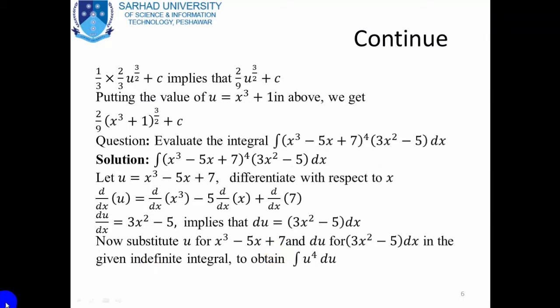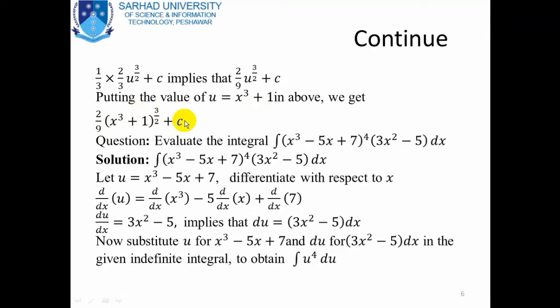So this is the simplest result, 2 by 9 into u power 3 by 2 plus c. Now replace u by x cube plus 1. We obtain 2 by 3 into 2 by 9 into x cube plus 1 power 3 by 2 plus c. So this is the required result of the given problem.